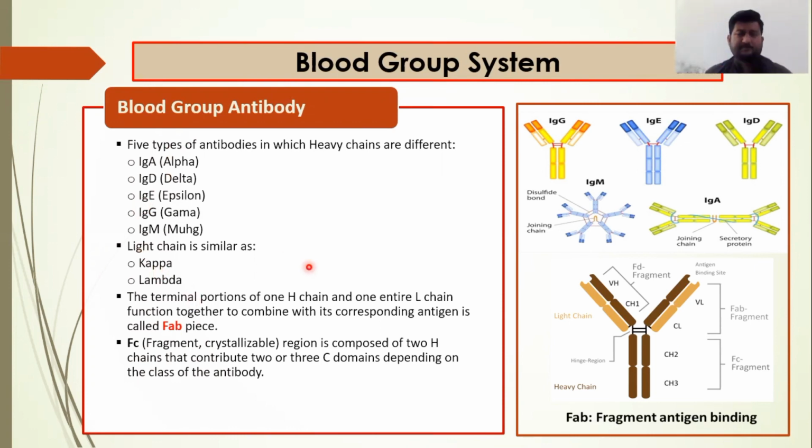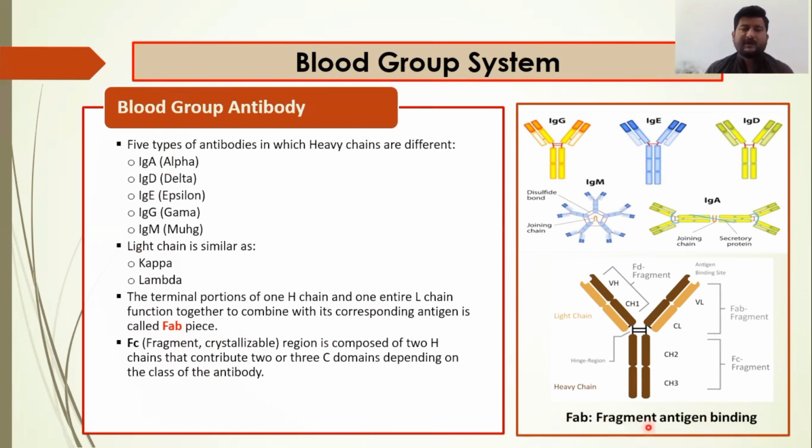The terminal portion of one H chain and one entire L chain, heavy chains जो terminal portion है, heavy chains का terminal portion of one H chain and one entire L chain function together to combine with its corresponding antigen, called Fab piece. तो Fab mean fragment antigen binding.